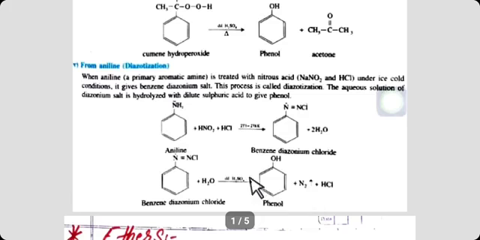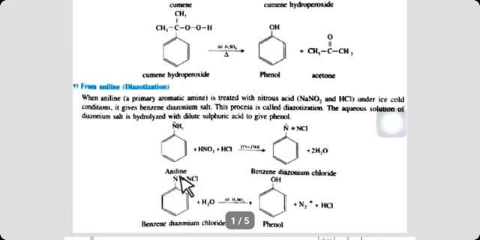As you have seen, students, the formula of benzene diazonium chloride: the aromatic ring contains N triple bond N Cl, where nitrogen carries positive charge and chlorine carries negative charge.